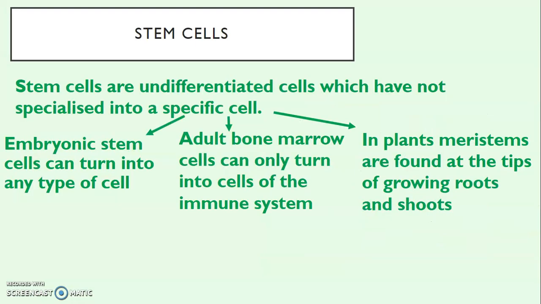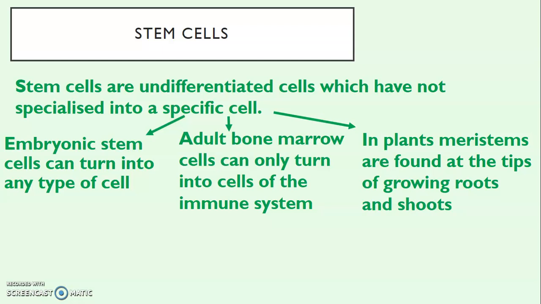So we say that stem cells are undifferentiated cells which have not specialised into a specific cell. And then embryonic stem cells can turn into any type of cell. Adult bone marrow cells can only turn into cells of the immune system because that is the cells that they make. So they have partially differentiated.